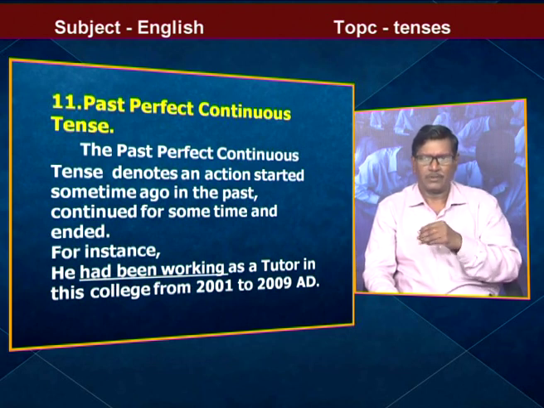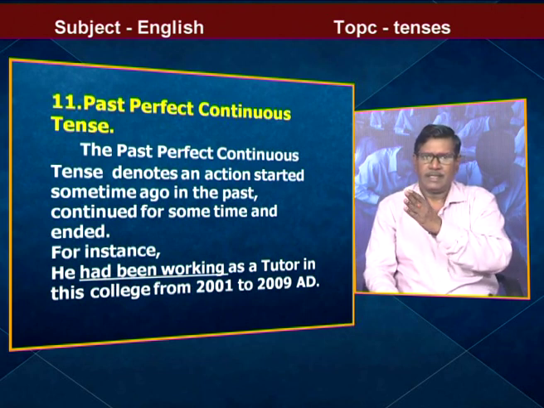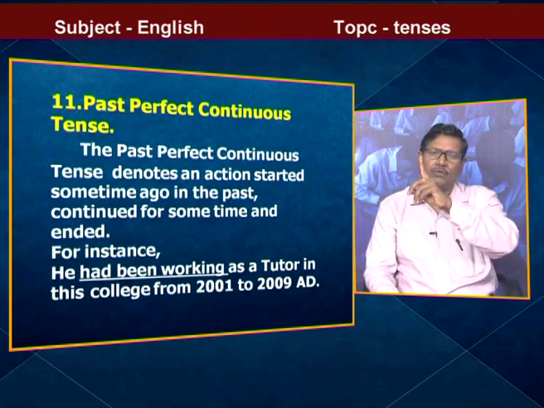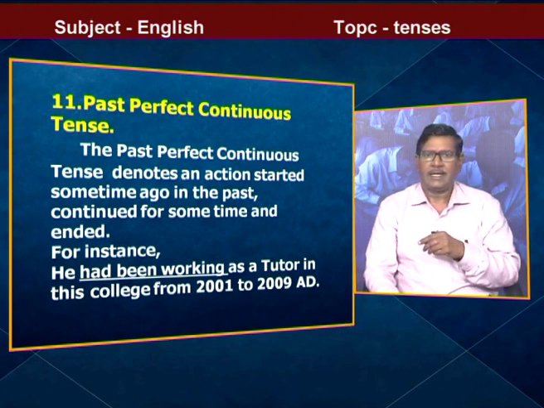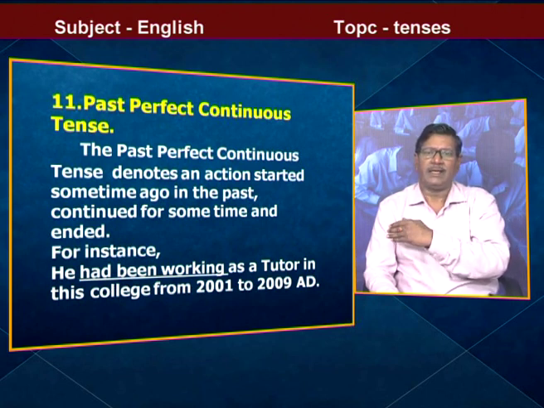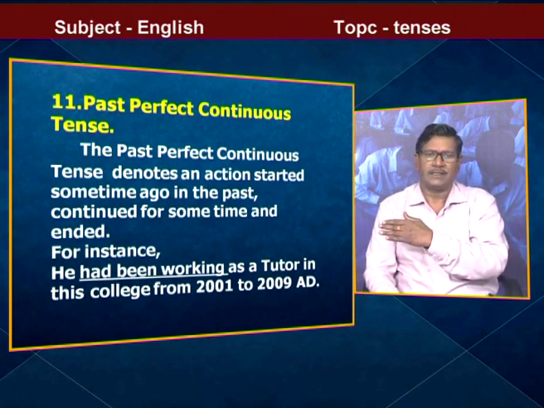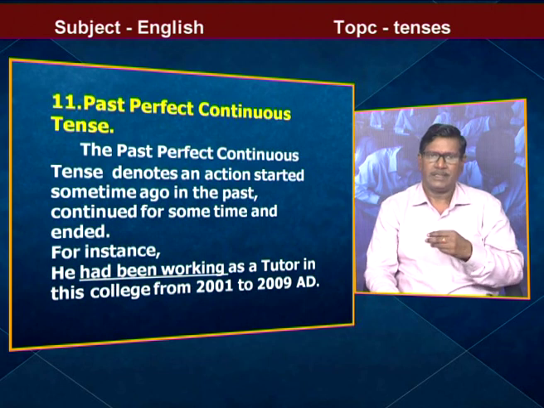The same person who is now working as a lecturer had been working as a tutor in this college from 2001 to 2009, and since 2010 he has been working as a lecturer. Now he is a lecturer. He is still working as a lecturer, but before 2009 he had been working as a tutor in this same college from 2001 to 2009.